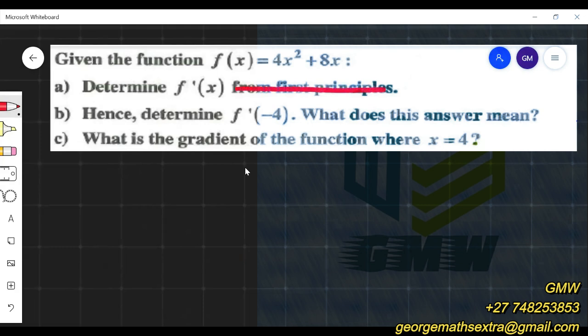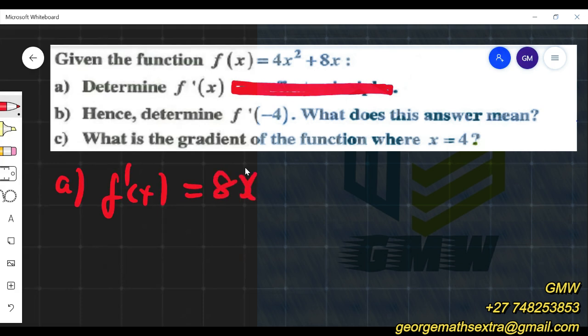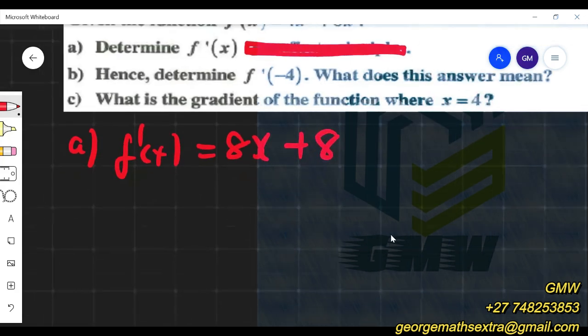Let me not do it from first principles so that we don't waste time. You know first principles, right? So what do we get for f prime of x if you differentiate this? 8x plus 8. We are done.